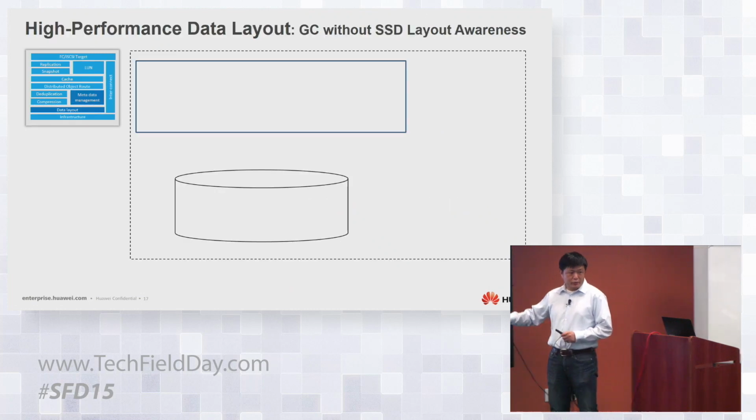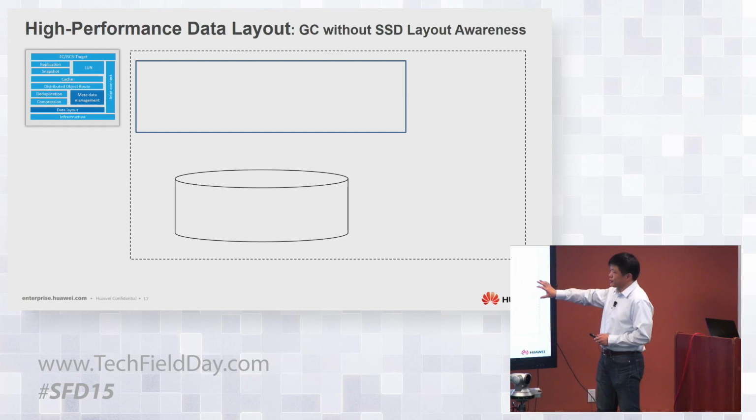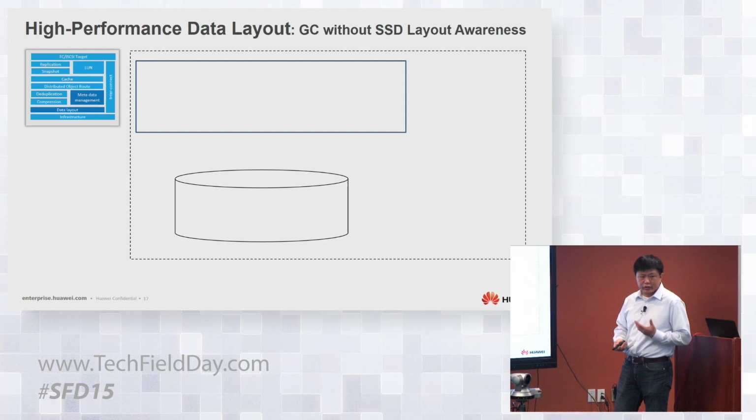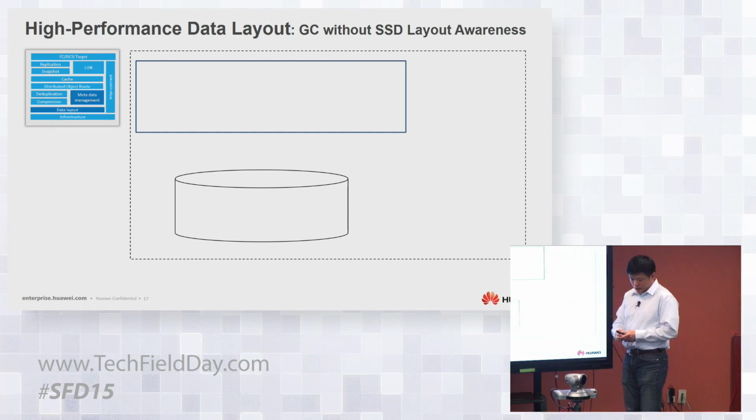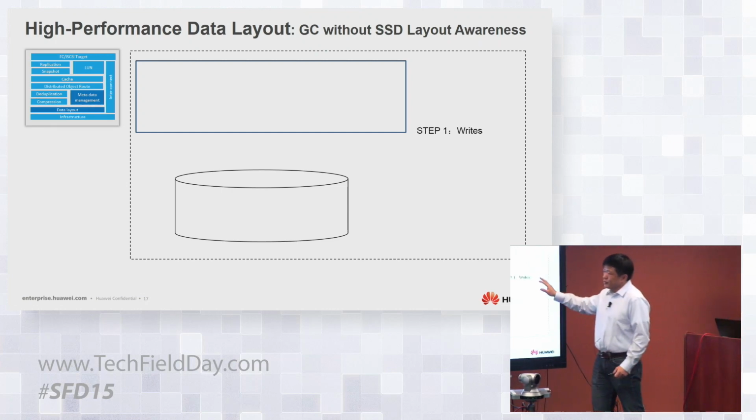We also have many things here which we optimize on the layout side. For example, when a write implementation isn't aware of the SSD layout, what happens is the user write comes in.